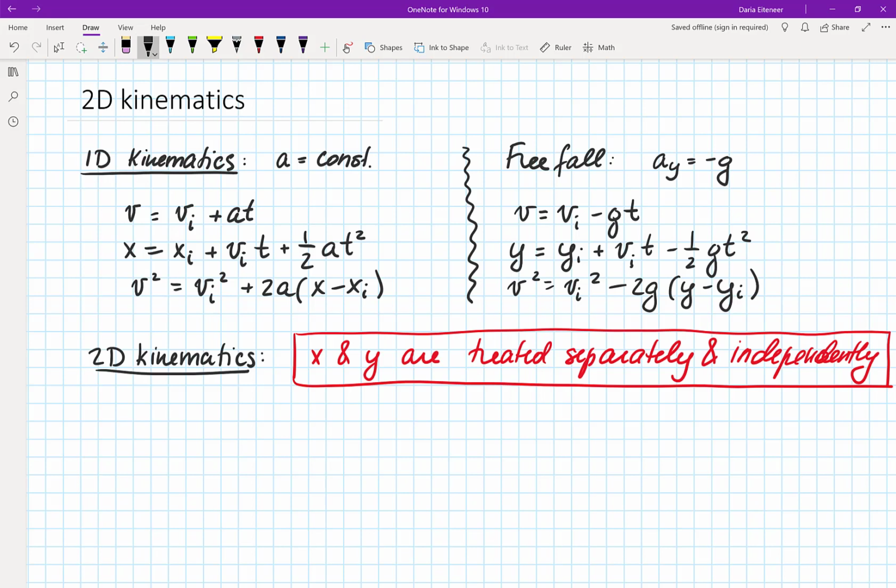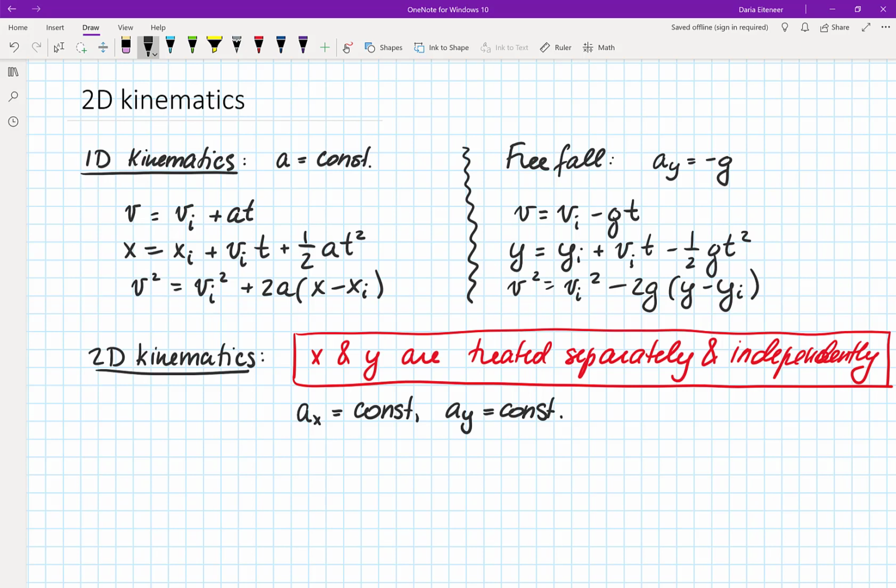Now, because we're talking about kinematics, we obviously also need to think about acceleration. We're going to take that idea of acceleration being constant and extend it to writing ax is constant and ay is constant. Since we're considering two dimensions, we now have to talk about two different accelerations. In fact, everything that we discuss is going to be in two dimensions.